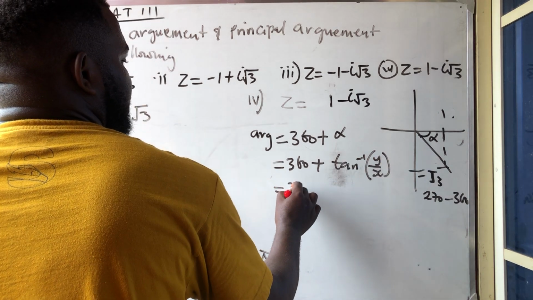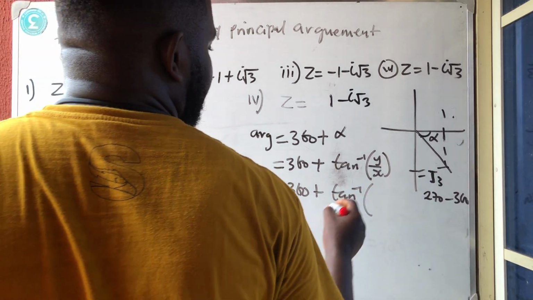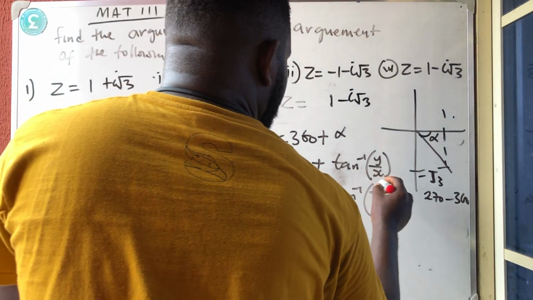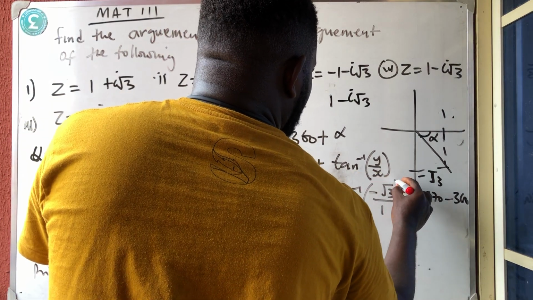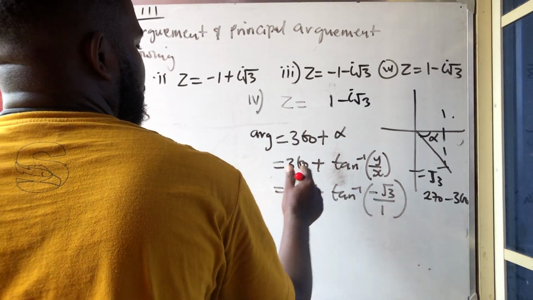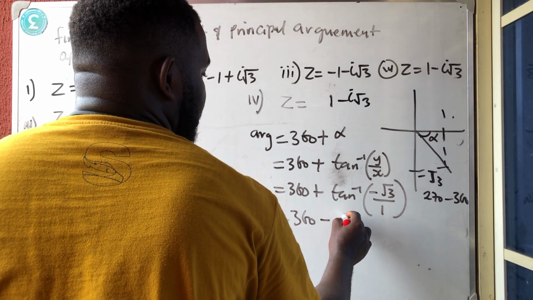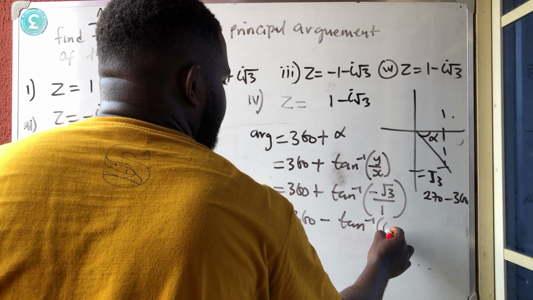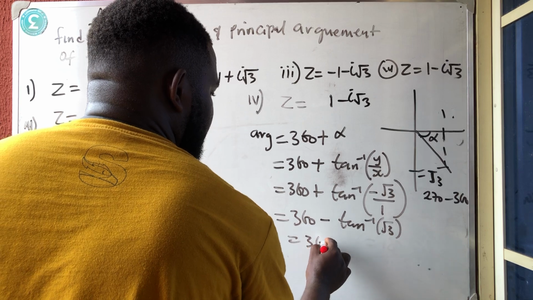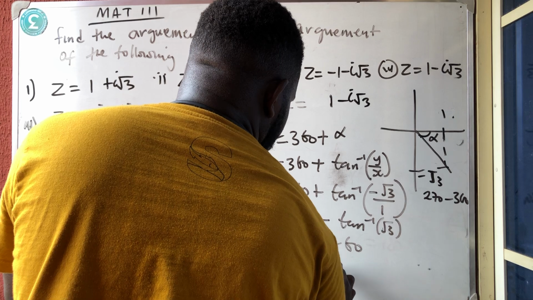So which is what? 360 plus tan inverse of minus y. Y is minus root 3, x is 1. Okay, so tan is an odd function, so minus will come out. So I'm having 360 minus, I hope you know, tan inverse of root 3, which is 60. 360 minus 60, which is equal to 300.